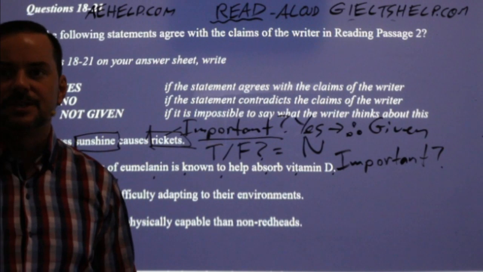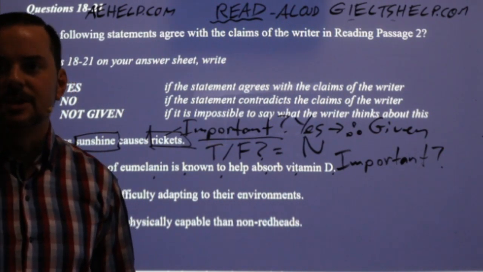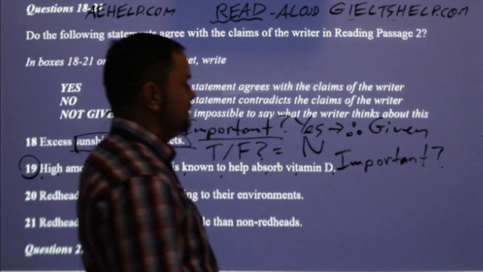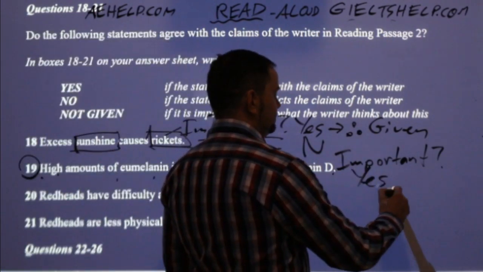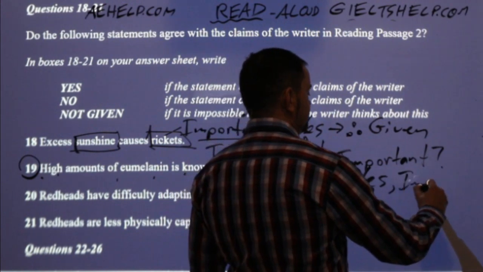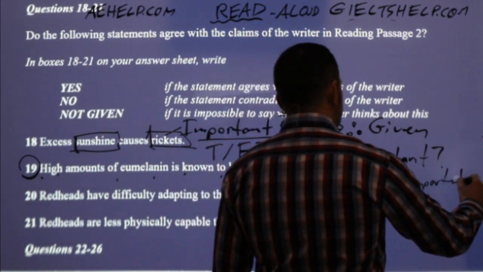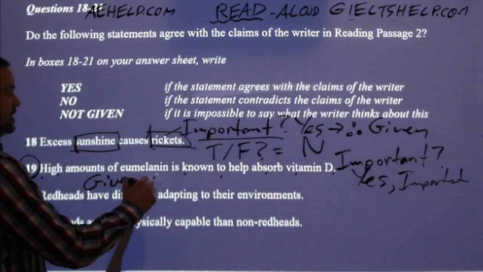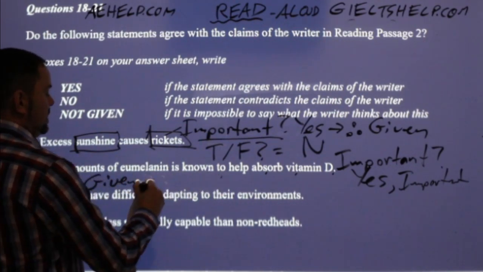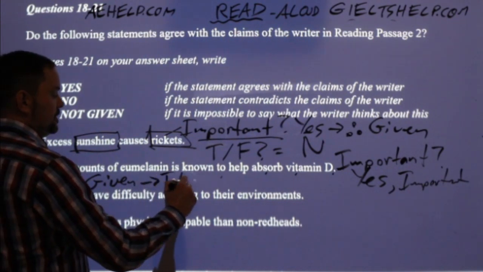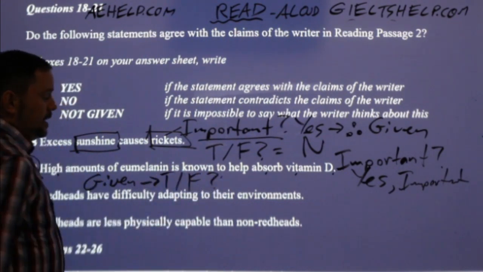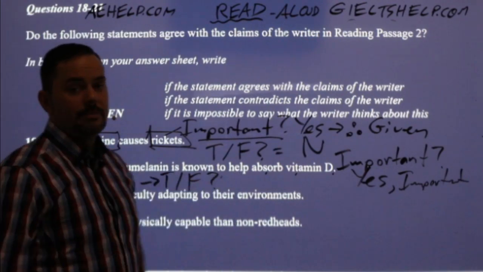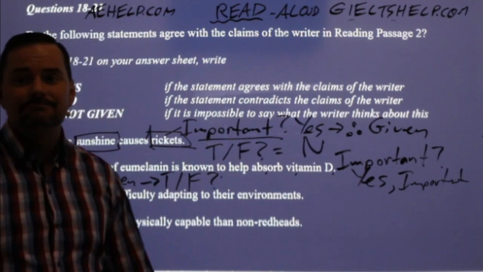Once I finish this. I'll keep your question in mind. So Roshni says, yes, it's important. So it should be given, right? So therefore it's given. So now I just need to figure out if it's true or false. High amounts of eumelanin is known to help absorb vitamin D.